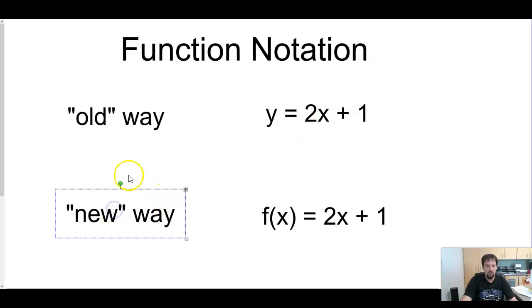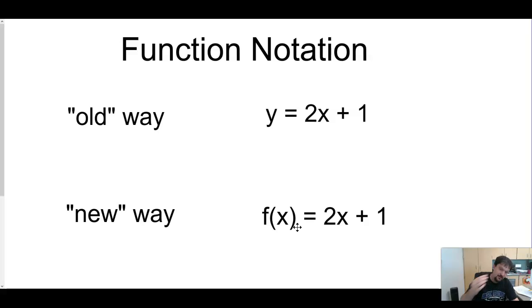Okay? The new way we're going to do it is we're going to use this symbol here, f parentheses with an x in it equals 2x plus 1. So basically we're just replacing this y value with this f and an x inside its parentheses. Okay, that's the new notation.